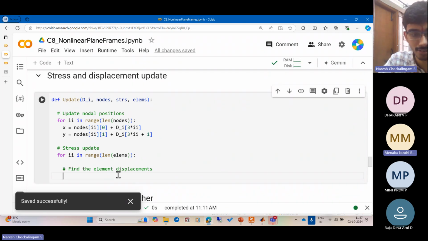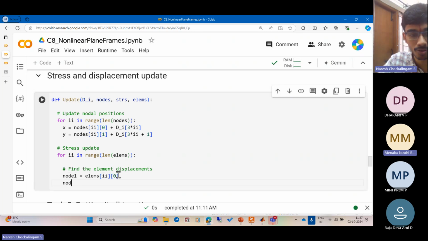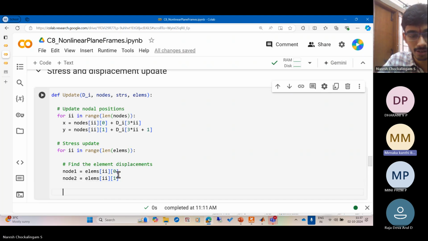So let me call the displacement vector u. Just like we did earlier, what is node 1? Node 1 is LMs of ii comma 0. Node 2 is LMs of ii comma 1.